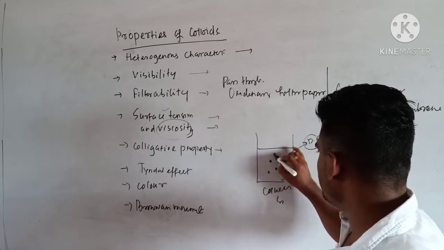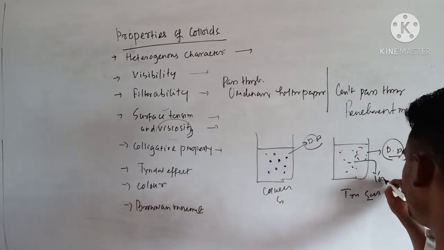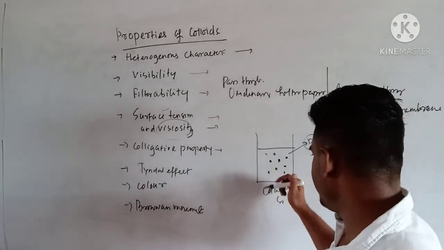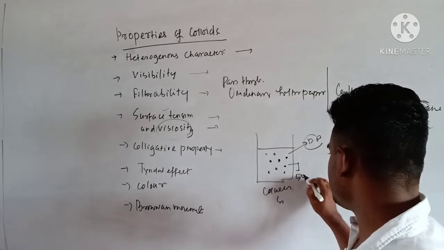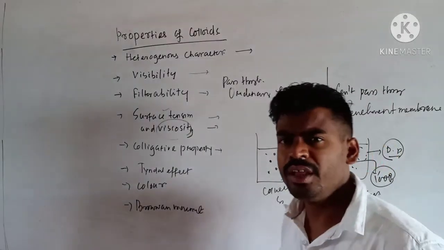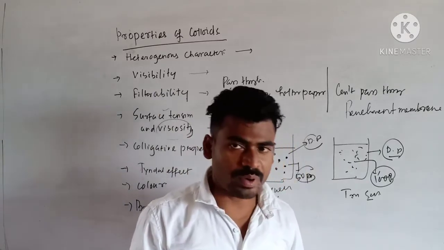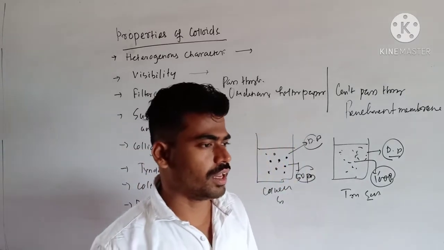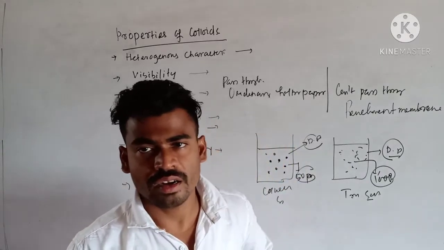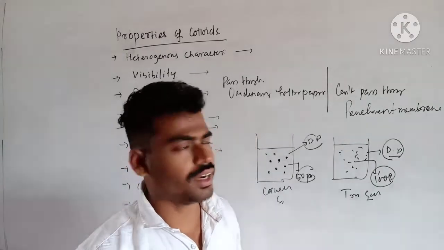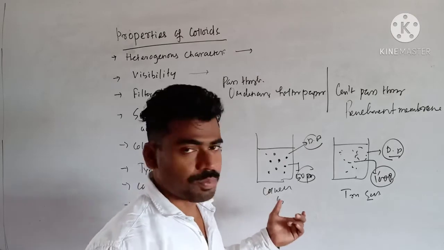Suppose there are 100 dispersed particles in true solution, the aggregate may be 50 particles in colloidal sol. All the colligative properties that you have faced in the liquid state, elevation in boiling point, depression in freezing point, relative lowering in vapor pressure, depend upon the number of particles.